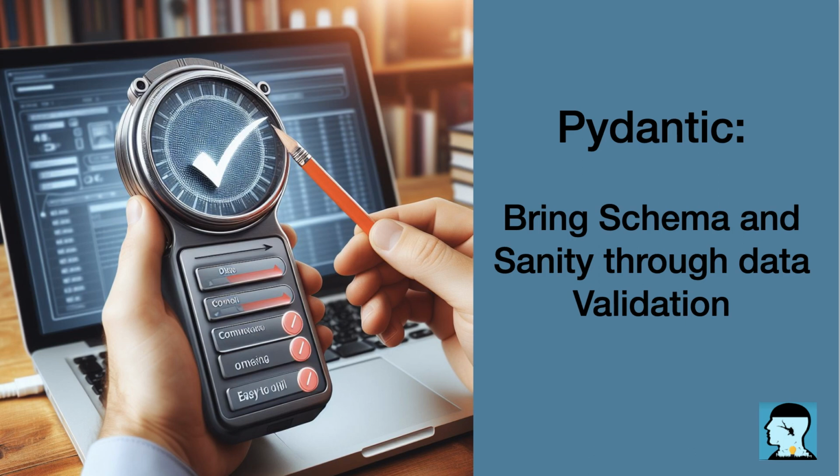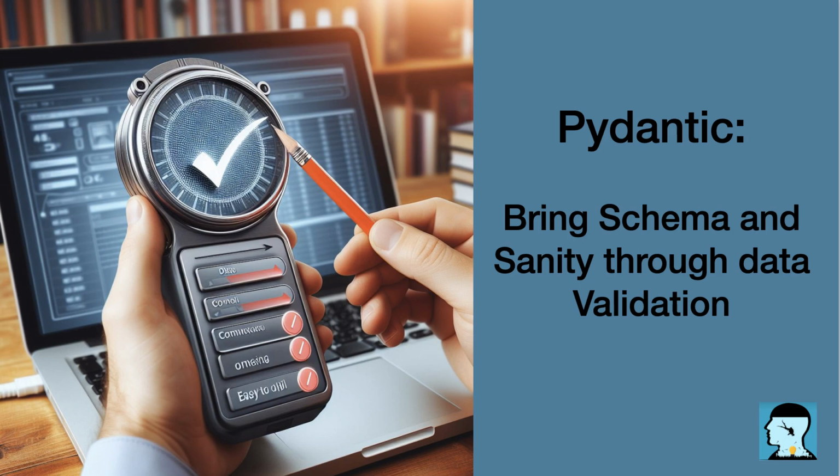4. Regular expression validation. Pydantic supports regular expression-based pattern matching for string fields, allowing you to validate data based on a specific pattern. 5. Enum validation. By using enumerations, Pydantic can validate that the data matches one of the predefined values. 6. Custom validation. Pydantic allows you to define custom validation functions for more complex validation scenarios.